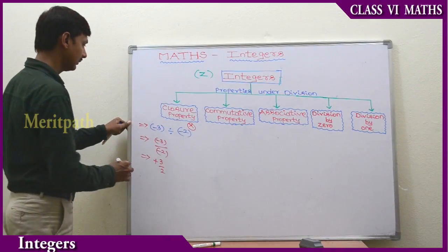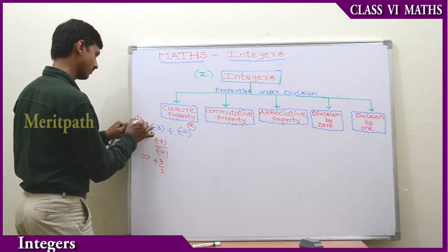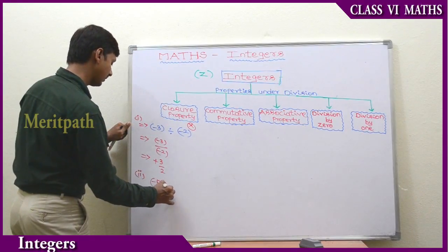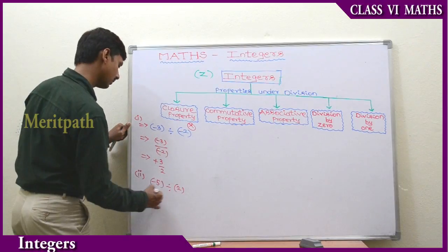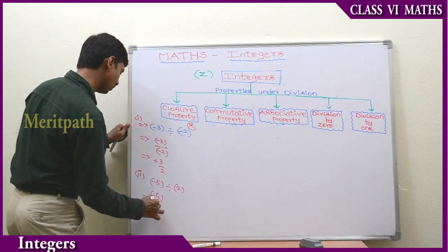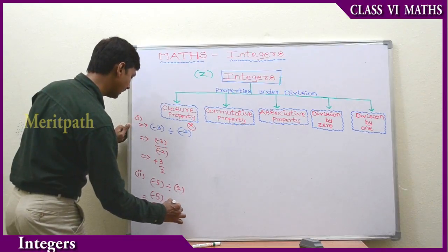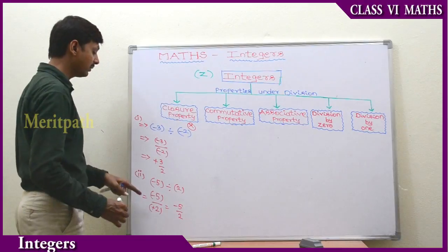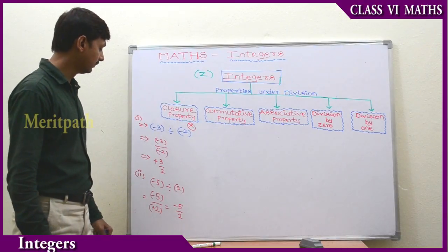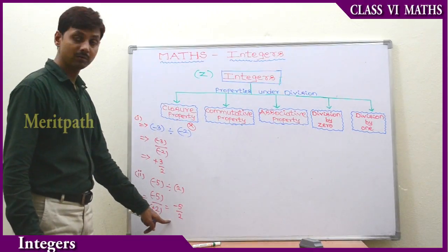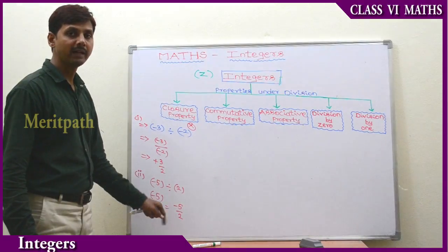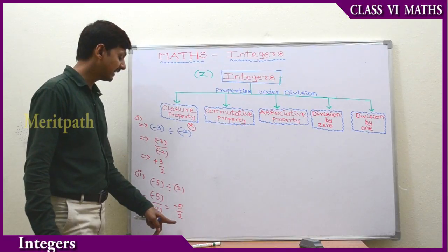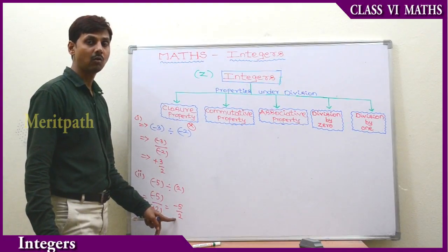Let's take some other example. -5 divided by 2 gives 2.5 in decimal places. So when we divide two integers, we are not always getting the result as an integer.